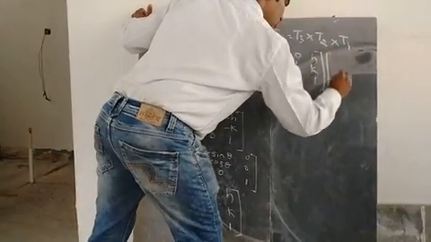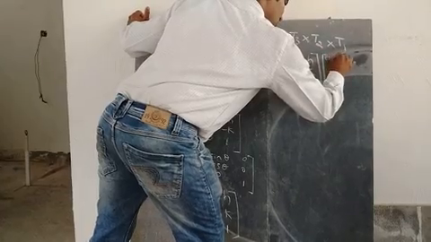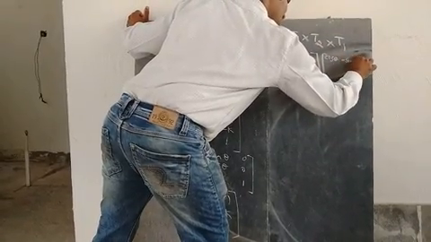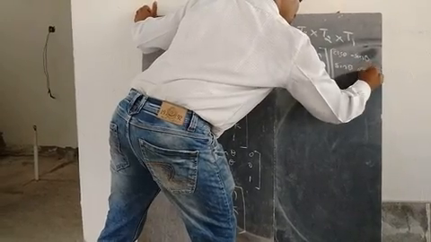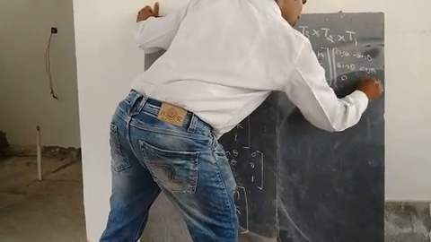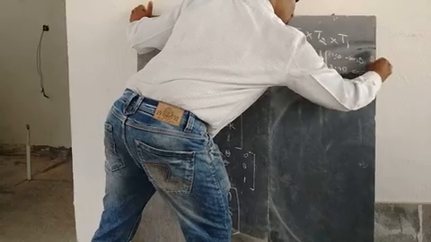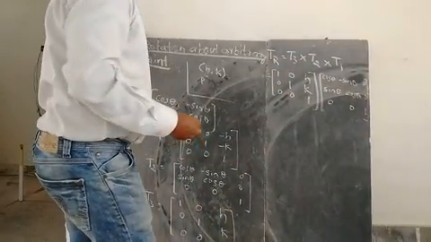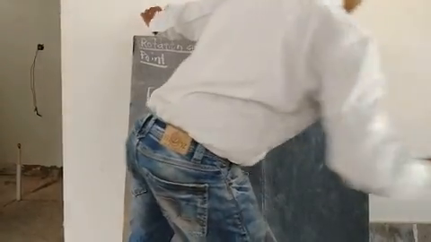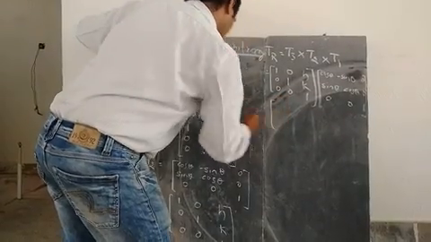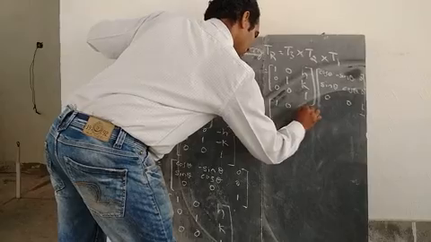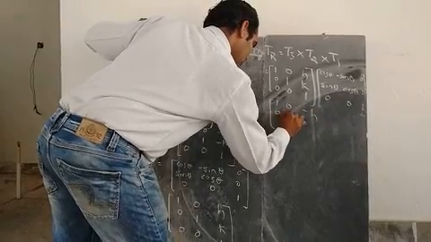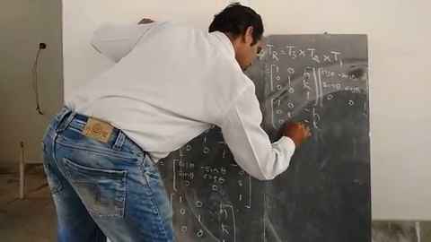Then cos theta, minus sin theta, cos theta, 0, 0, 1, 0, 0. This is the second matrix. And the third matrix is this one, 1 0 minus h, 0 1 minus k, 0 0 1.